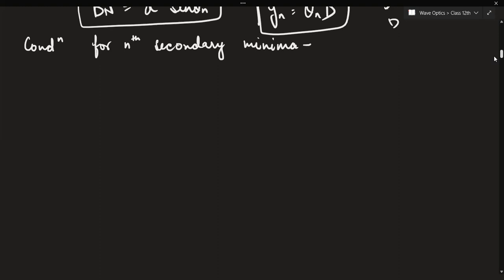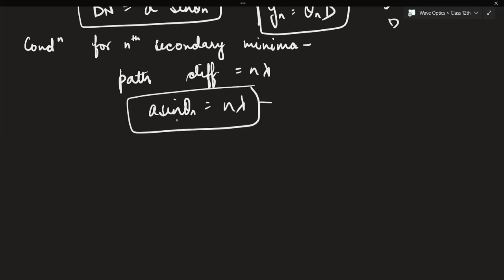So a sin theta n is equal to n lambda. Fine. So see class, sin theta n will become n lambda by a.